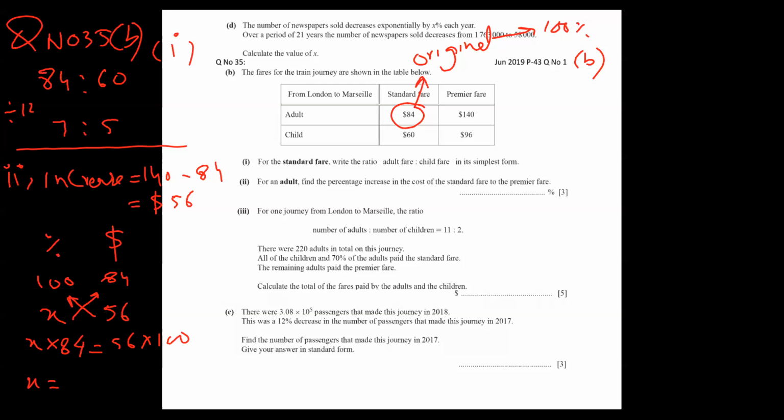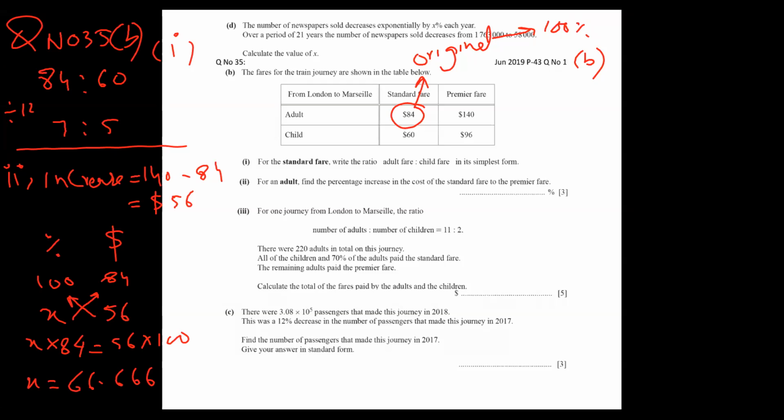So 5600 divided by 84, and my answer is coming 66.6666, and you know it is actually 6666 continuing. When these recurring numbers never stop, then we always write 3SF. Always 3SF.